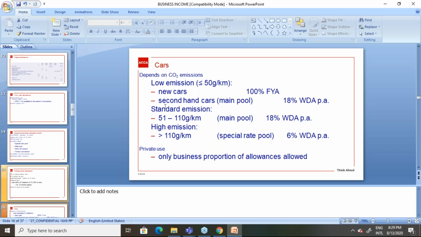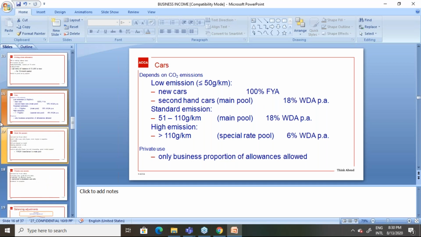You can never claim AIA on motor cars. Your ability to claim capital allowances on motor cars depends on the carbon dioxide emission of that motor car. Accordingly, we can identify low emission motor cars, high emission motor cars, and moderate emission motor cars.